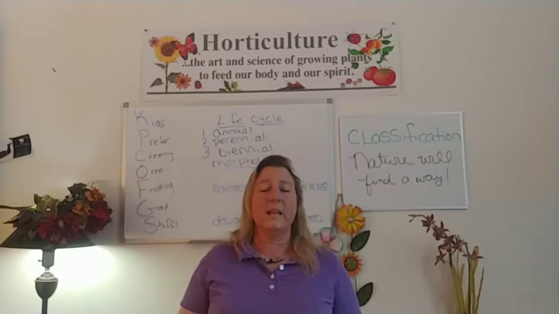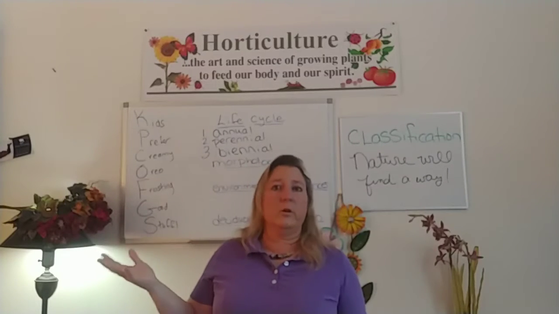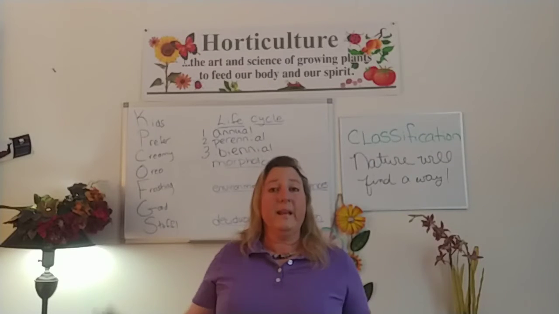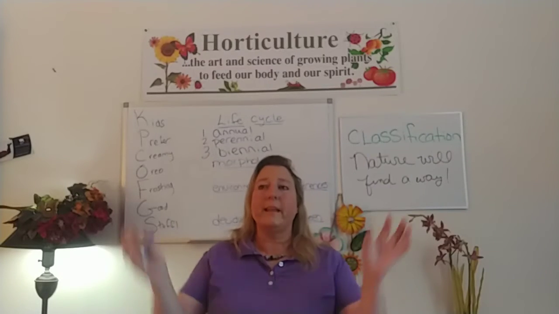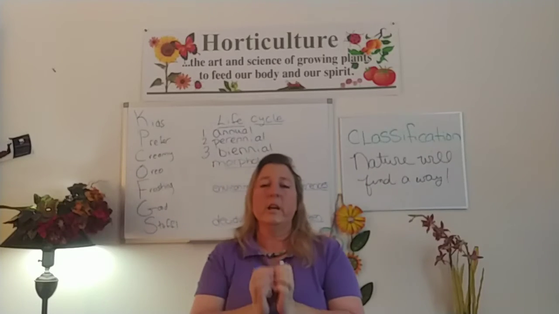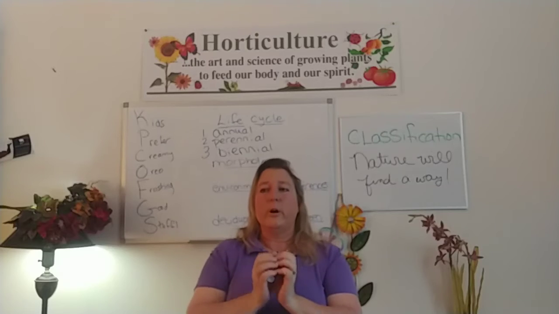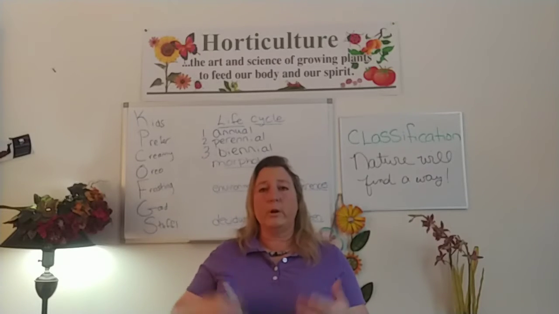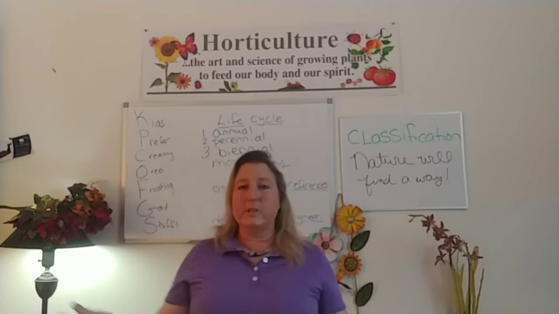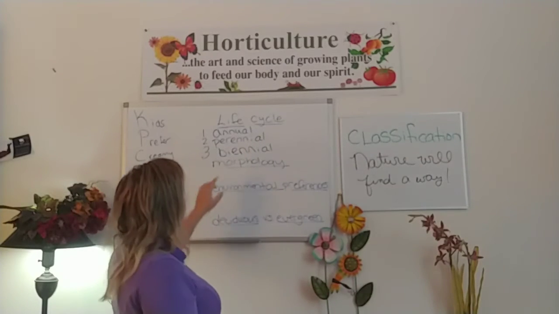Think of the plant as asleep in a bulb. So a bulb, you can go to the hardware store right now and buy bulbs and plant them. What is a bulb? A bulb is basically that whole plant just shrunk down into a little package. So it's just a little resting plant in a little package. So that bulb, it's asleep. So you plant it and it'll grow when the growing conditions are right. So that's how a perennial comes back year after year.